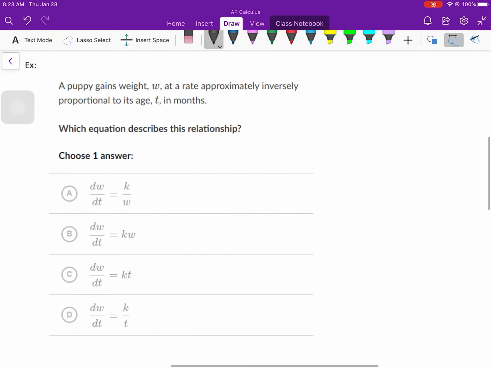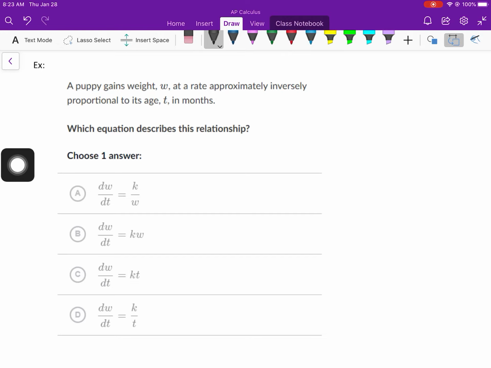I think this is another one very similar. A puppy gains weight at a rate approximately inversely proportional to its age, t months. So once again, we're talking about the rate, and we should be seeing the fraction, with that value on the bottom. So the weight gain is w, so its rate is dw dt.